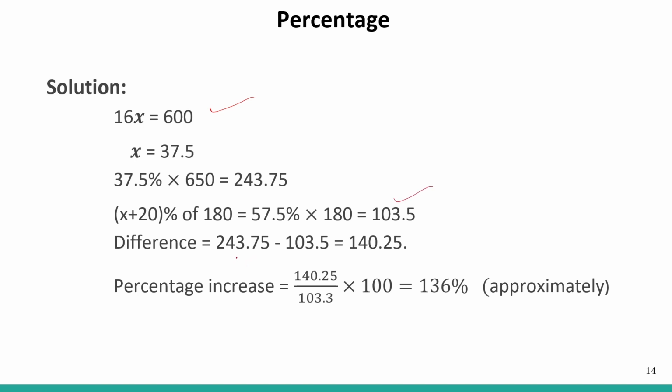So the difference, 243.75 minus 103.5, is equal to 140.25. Okay, so the percentage increase will be 140.25 by 103.5 into 100, that is equal to 136%. So the correct answer will be 136% approximately.